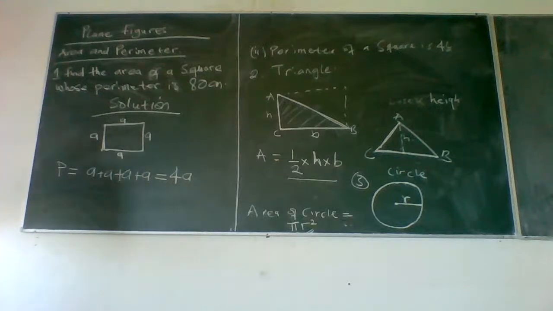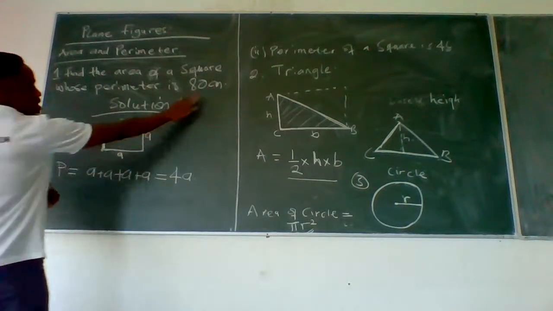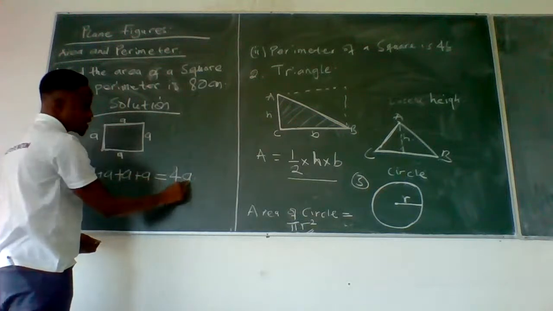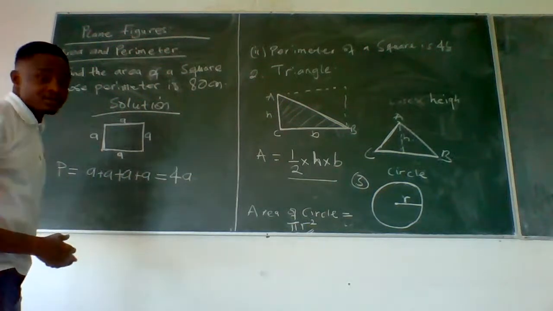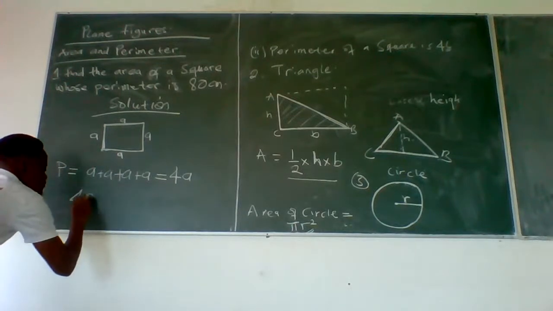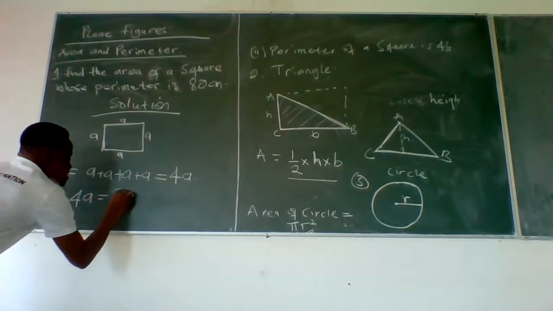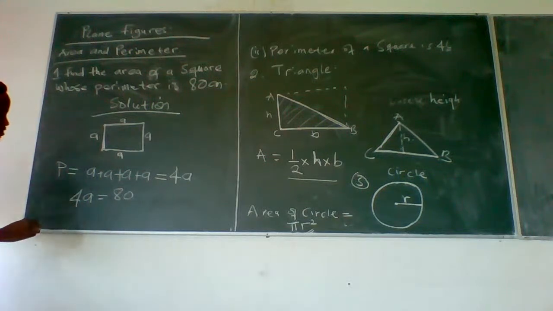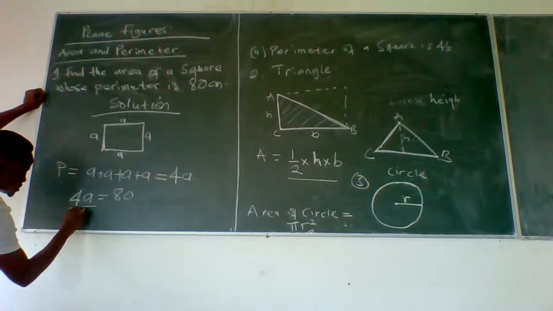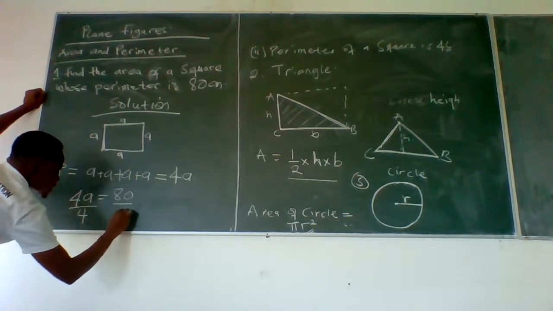So you have the perimeter to be 4A. But then you have been told that the perimeter is 80. It means you are going to equate this to 80 to find the length or the size of this square. So you have 4A equals 80 centimeters. So what are we looking for? The size, which is A. So divide both sides by 4.